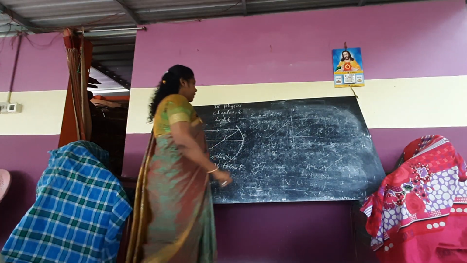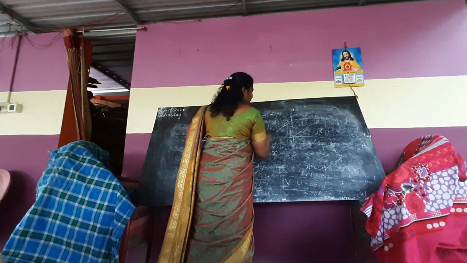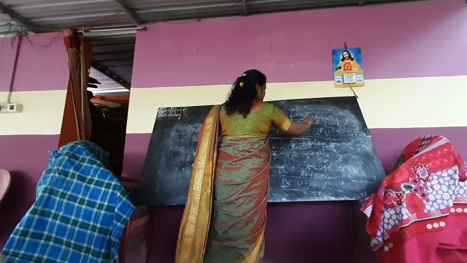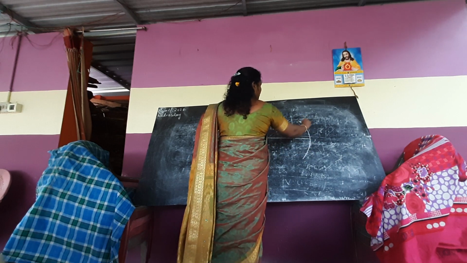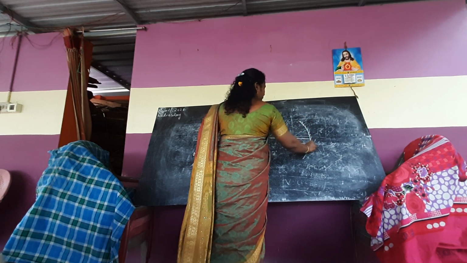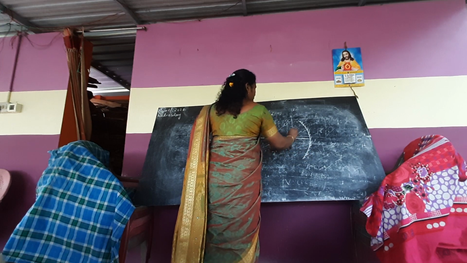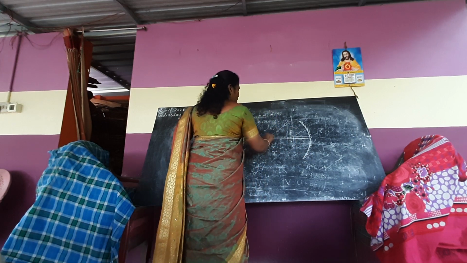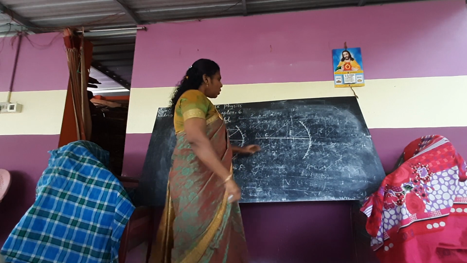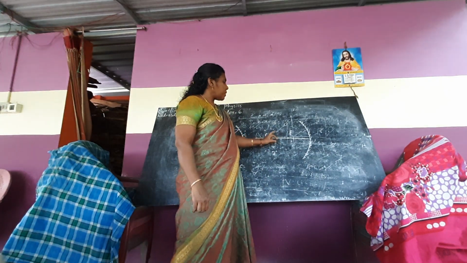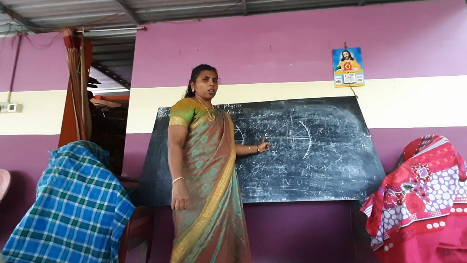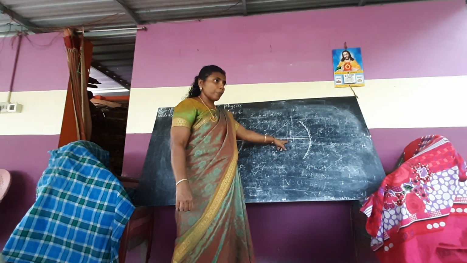Okay. The next diagram, the second diagram: principal axis, mirror, principal focus, center of curvature. Now, the object is in between C and F. C means center of curvature, F is principal focus.